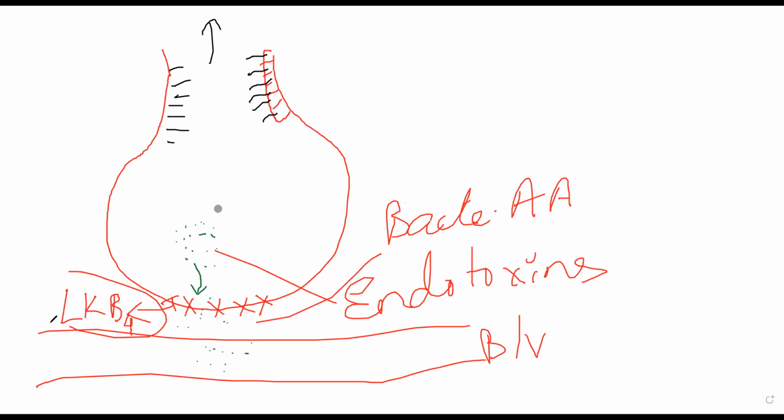There is LTB4 here, and in the presence of all of this, other types of leukotrienes will come into the picture. Because of extensive tissue damage, those cells will start producing LTE4, LTD4 and LTC4, leukotriene E4, D4 and C4.